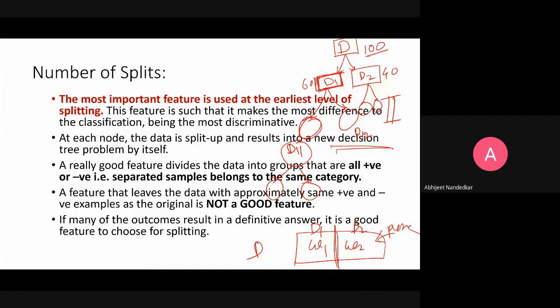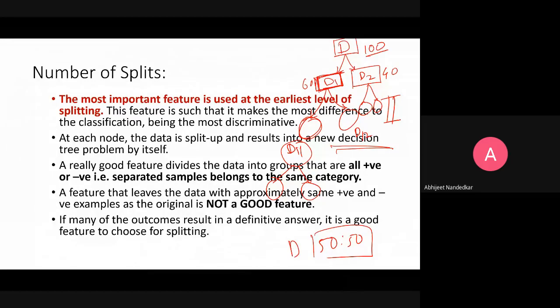A feature that leaves the data with approximately the same positive and negative examples as the original is not a good feature. So we start with, suppose, a ratio of 50 and 50, say 50 omega 1 and 50 omega 2. This is the structure of D, that is the complete set, and then I make a child, say D1, with again the same 50-50, and maybe D2 with approximately 55-45.